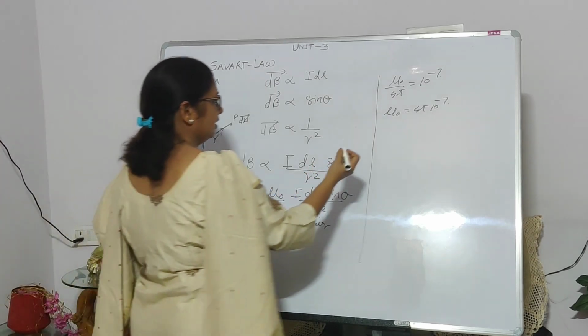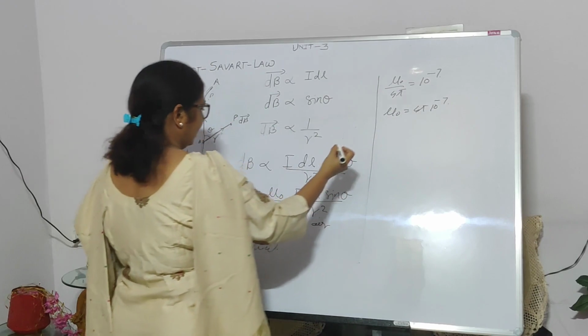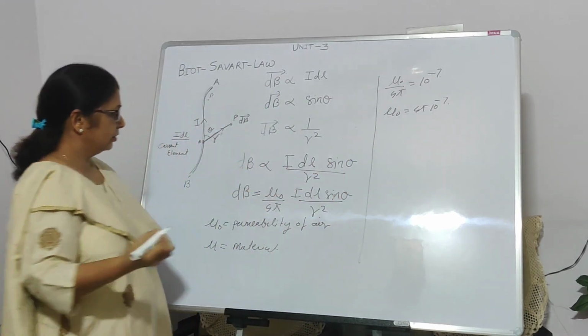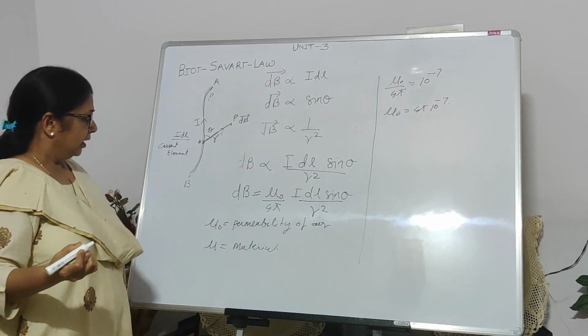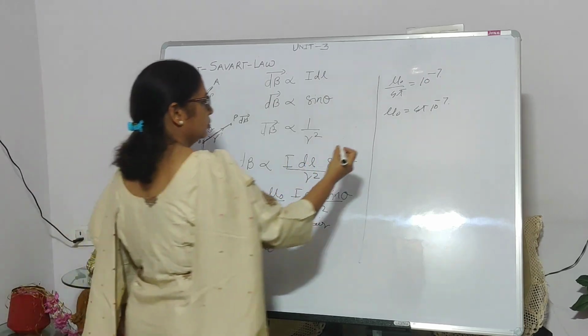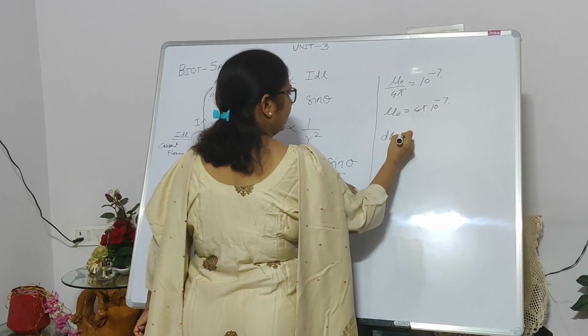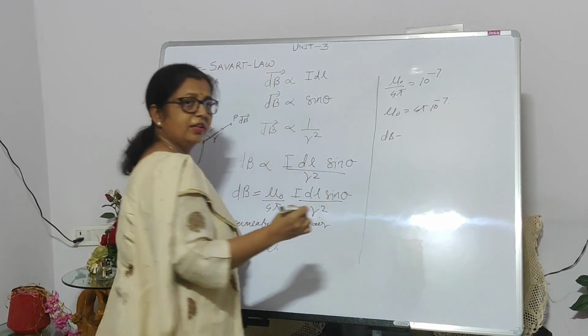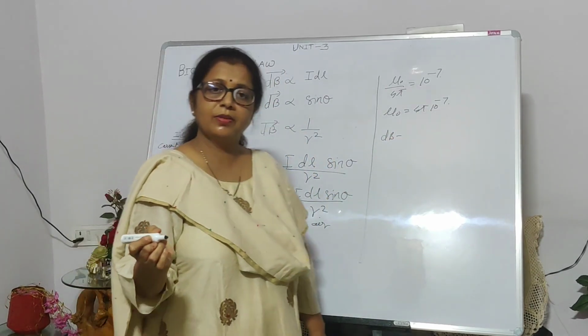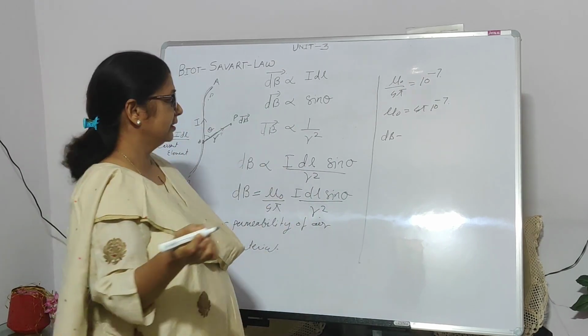So dB is equal to this, and if you want to find the unit of mu, the unit of dB is Tesla. The unit of magnetic field intensity is Tesla.